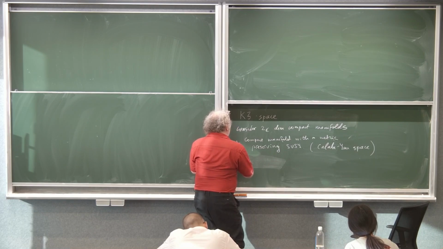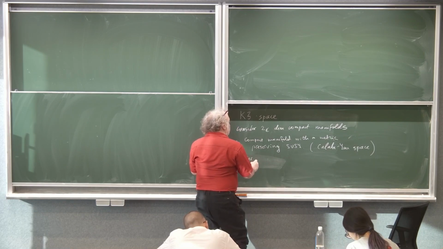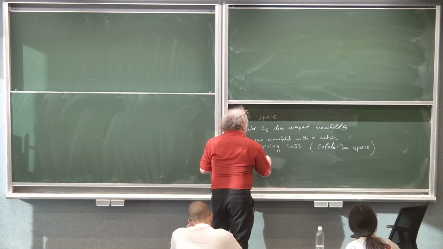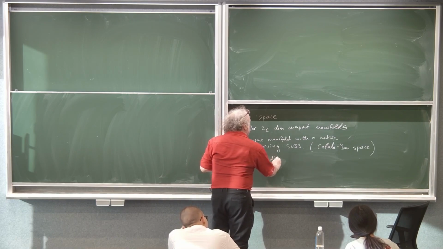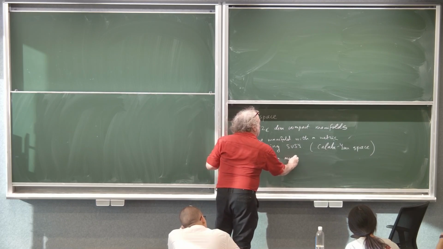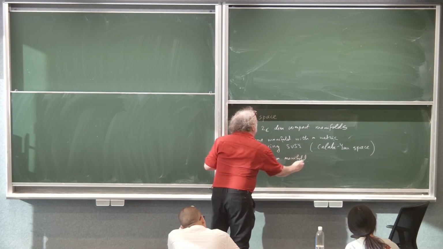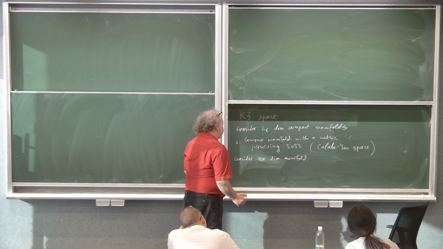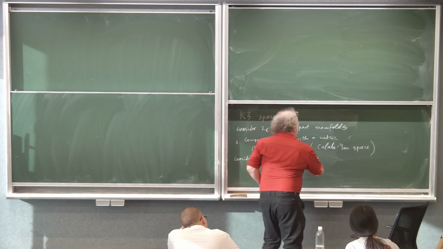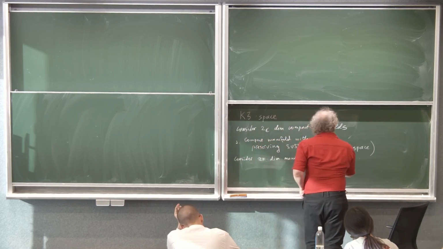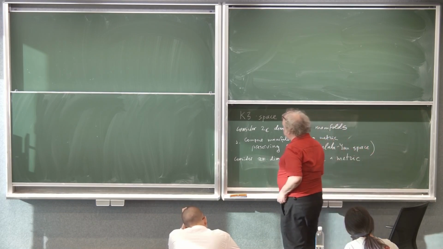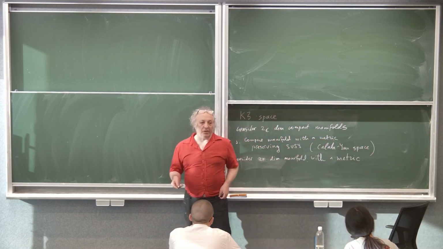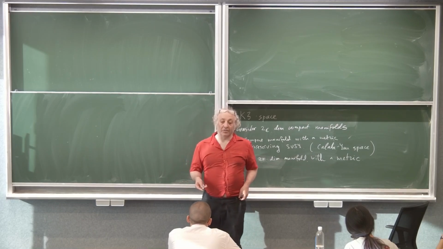Consider a 2k dimensional manifold with a metric. If we have a manifold with a metric, it has holonomy.